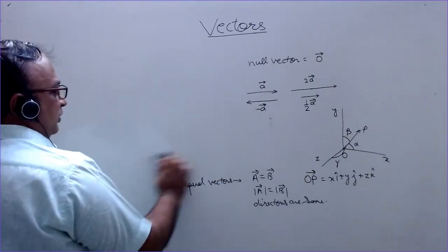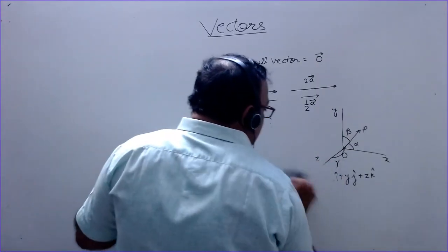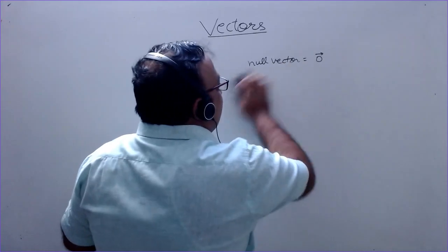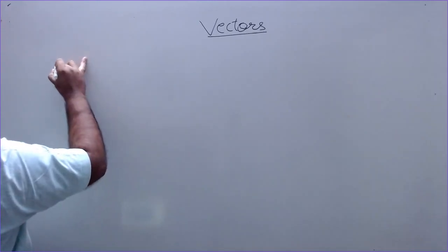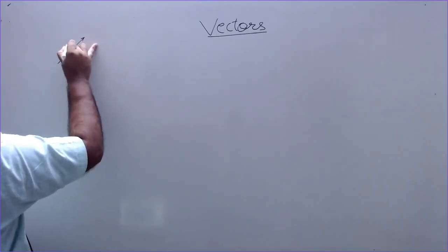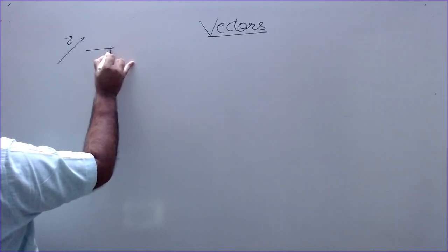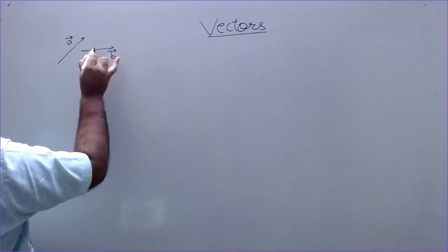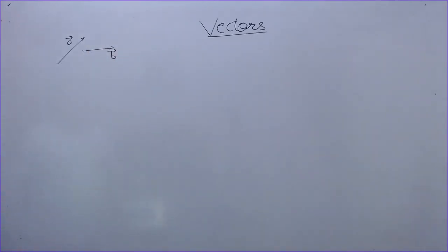Now first of all, let us discuss the dot and the cross product of two vectors. First, let us discuss the dot product. Suppose we have a vector A and a vector B, the magnitudes of which are given, the directions are also given, and they are inclined at some angle with respect to each other.